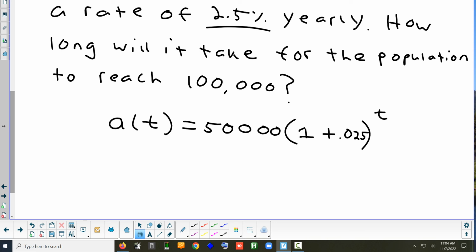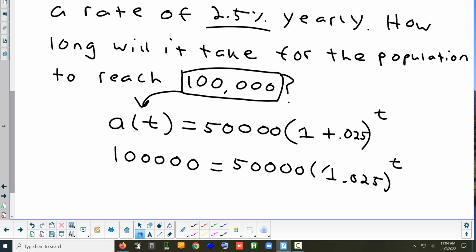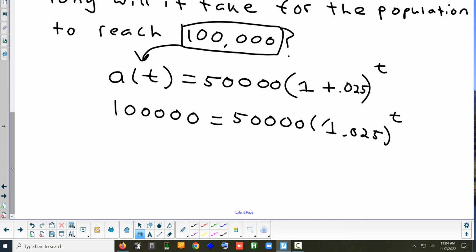That's A of t, so this is going to go right here. We have 100,000 equals 50,000 times 1.025 to the t.